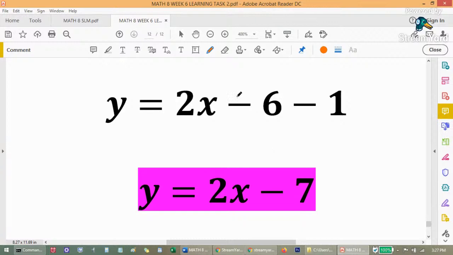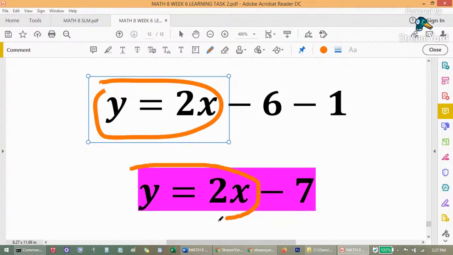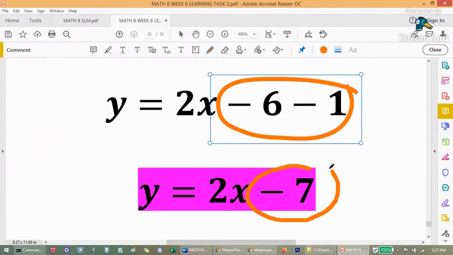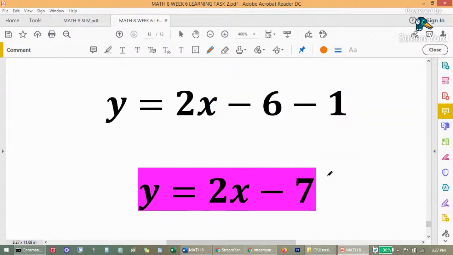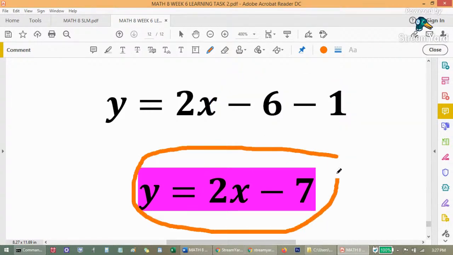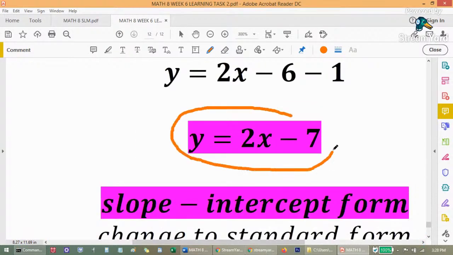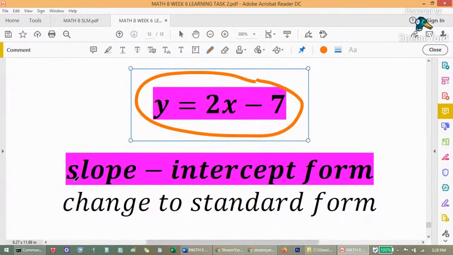Okay? So again, kinopya ko lang to, y is equals to 2x. And then itong -6 minus 1 ay naging -7. So therefore, ito yung ating equation in slope-intercept form.